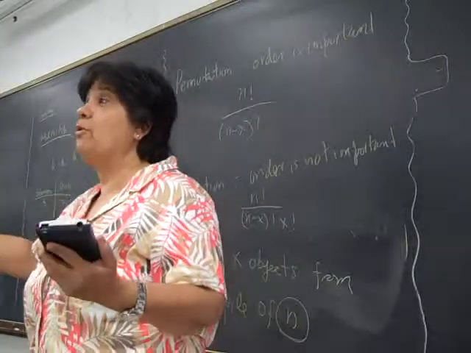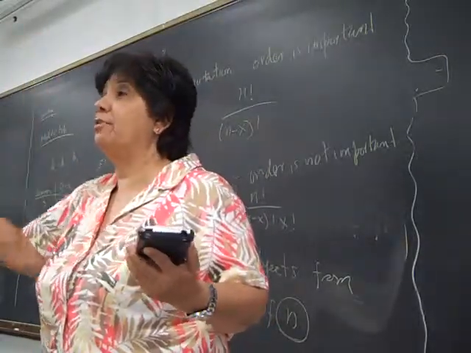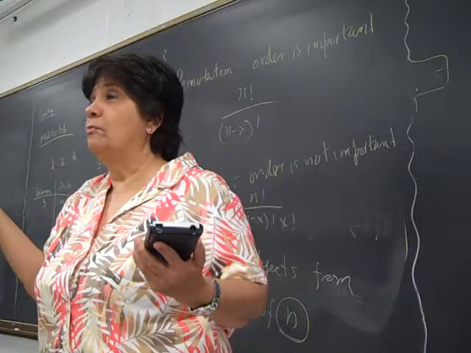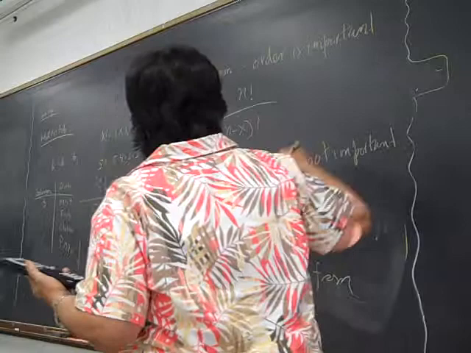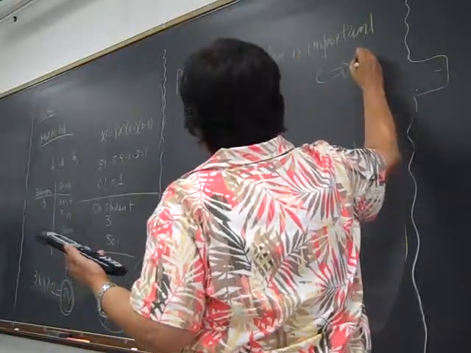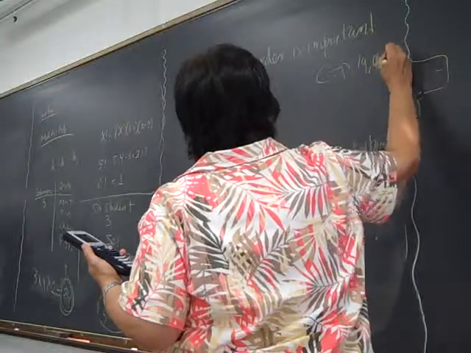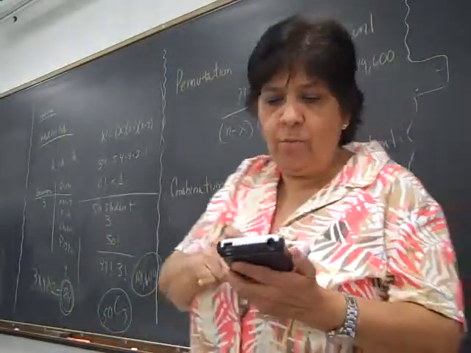So let's do the permutation. When one goes to Las Vegas, the other to New York, and the third goes to Atlanta, the order is important. In combinations for that particular thing, I have 19,600. Now, what happened with permutations? So let's do permutations.